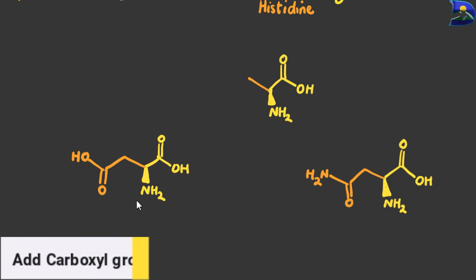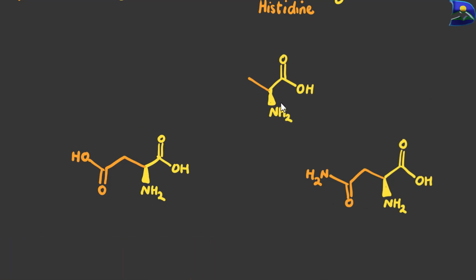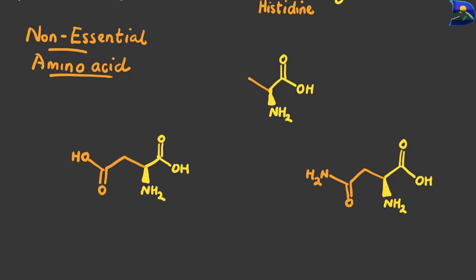Now, analyzing these three amino acids, they are known to be what? Non-essential amino acids, which means that your body can make these amino acids. Now, looking at this first structure here, it has an R group, which in this case is represented as a methyl attached to the amino acid functional group, and so this is called alanine.